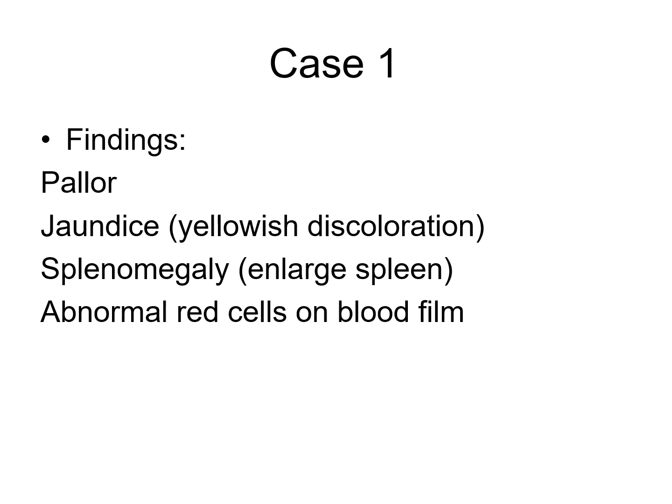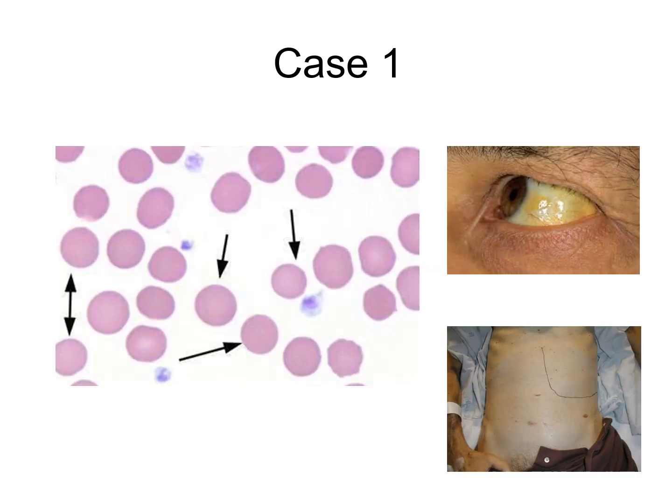And also, we have some abnormal red cells on the blood film. So these are the findings. As you can see, there is some yellowish discoloration of the sclera. There is a splenomegaly. This is the spleen size marked after being examined, and these are the abnormally circular rounded red cells found on the blood film.